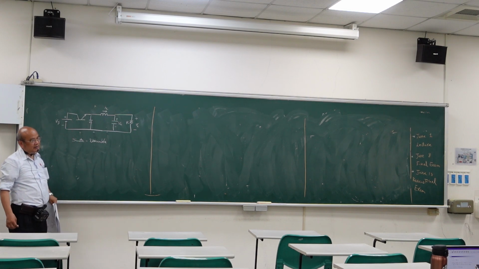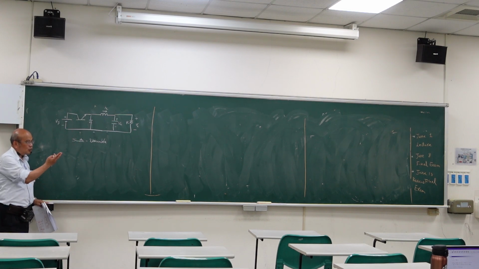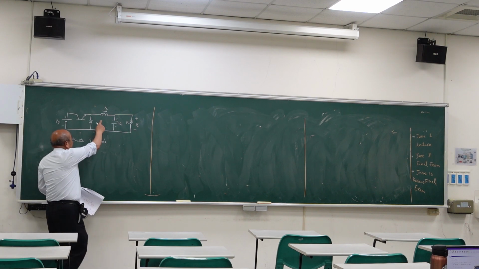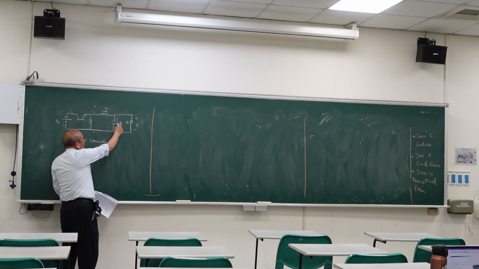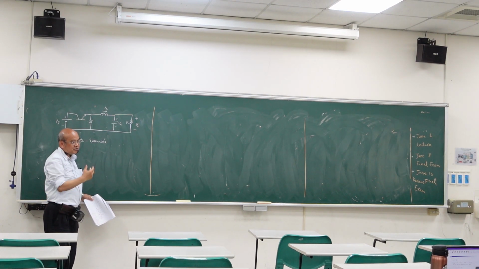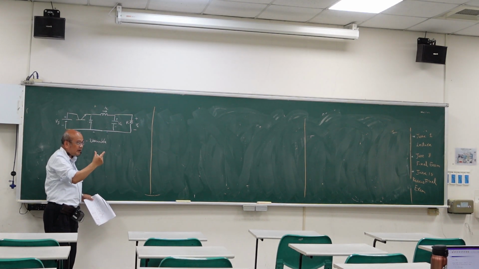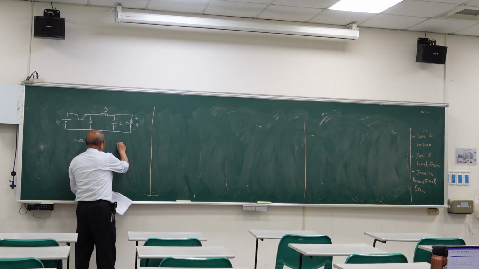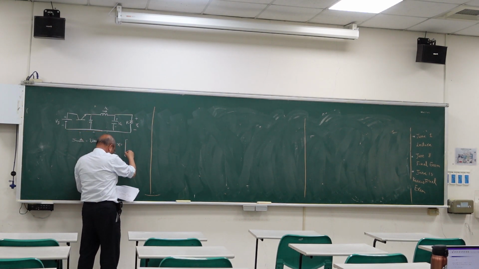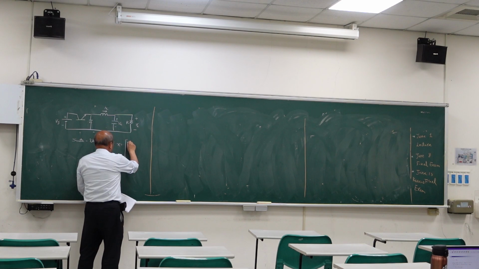Anybody has any idea? Two. Which two? Inductor current and capacitor voltage, because they are the most important. So in general, we choose two variables: inductor current and the capacitor voltage.